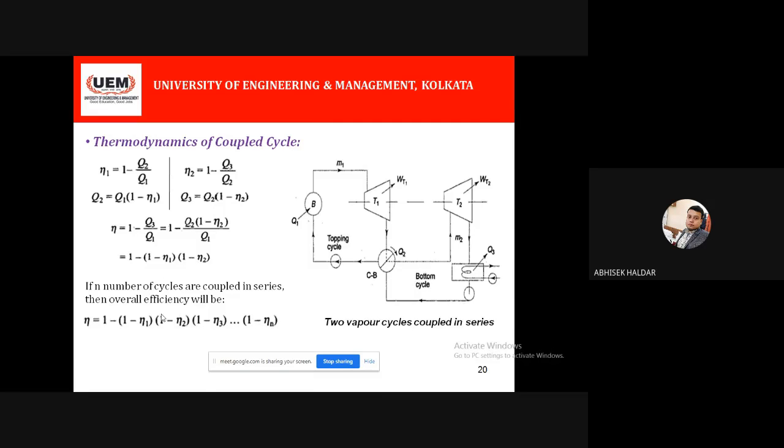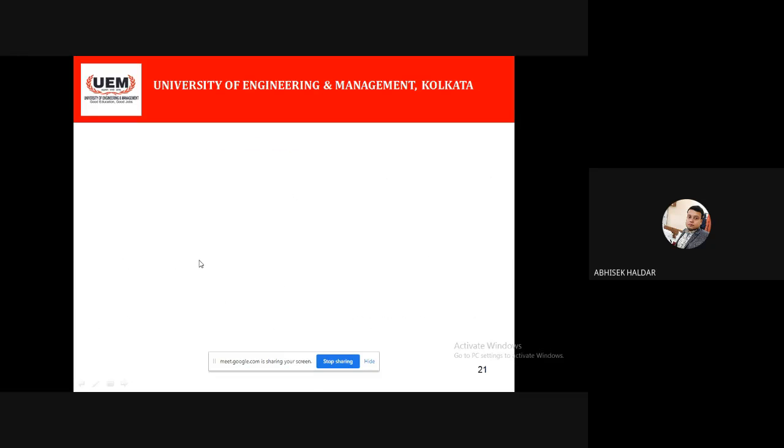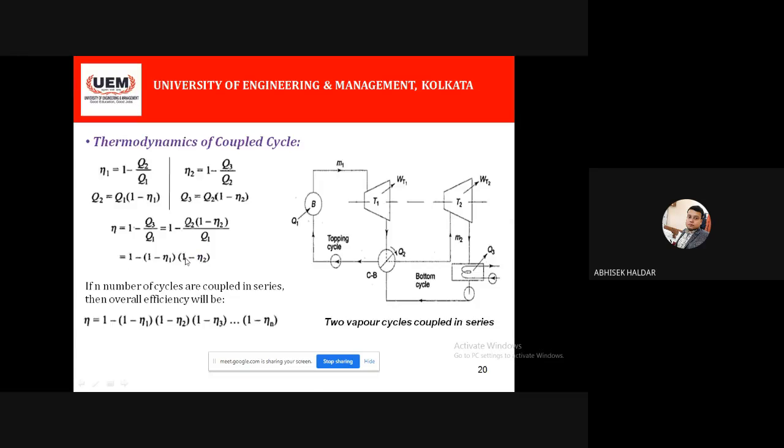This is a very useful equation for solving MCQs. Just two efficiencies will be given and they are coupled in series, then you can calculate the overall efficiency of the combined cycle. Just remember this equation, 1 minus eta 1 into 1 minus eta 2. Is it clear?